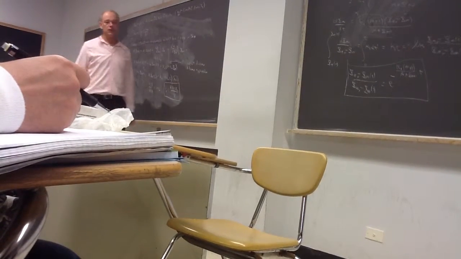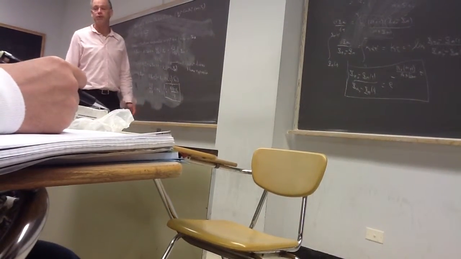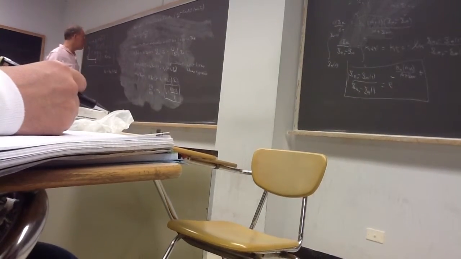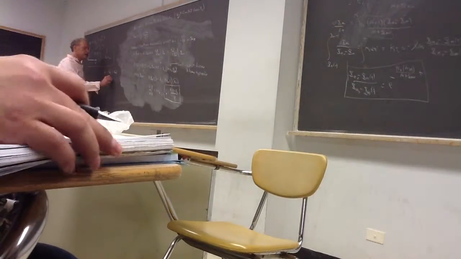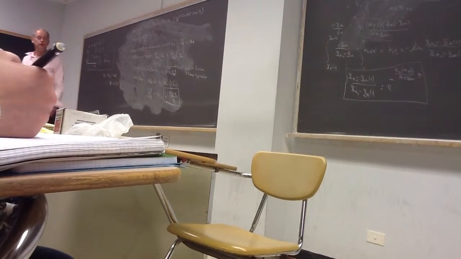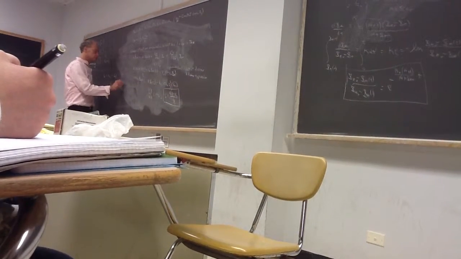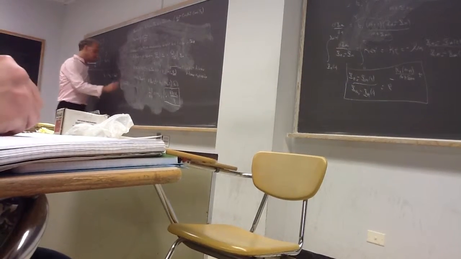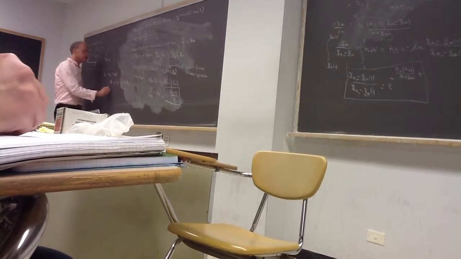Okay, so let's look at an example. Let's say I have a reaction, A goes to 2B, no inerts. And let's calculate epsilon a.